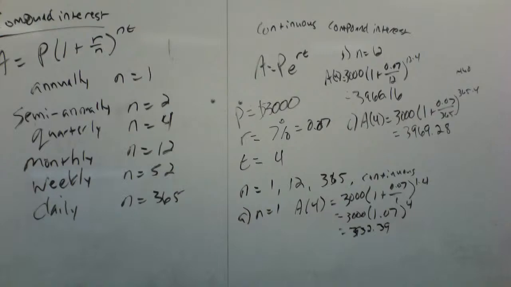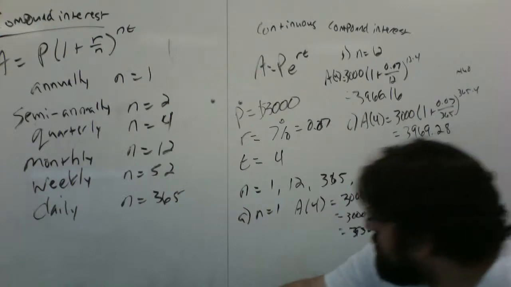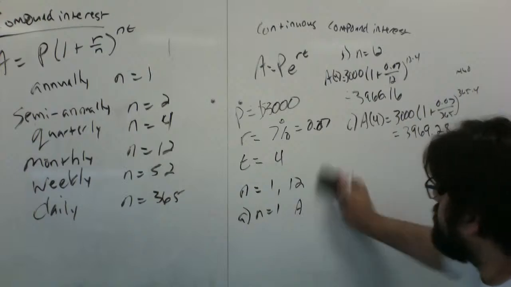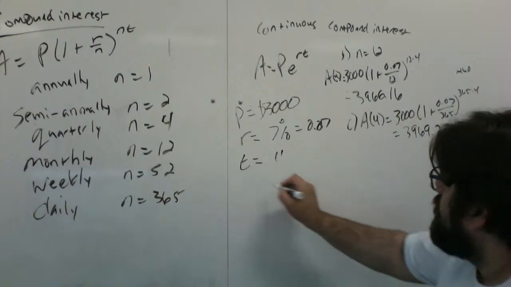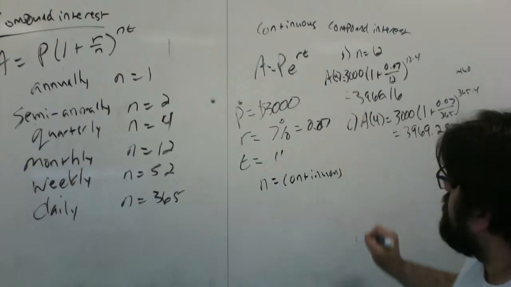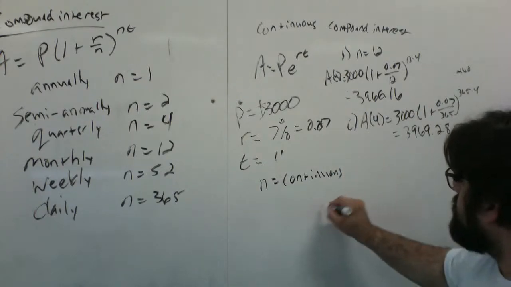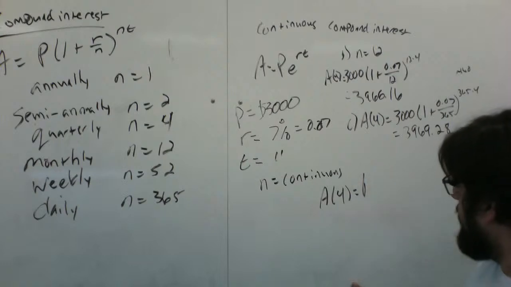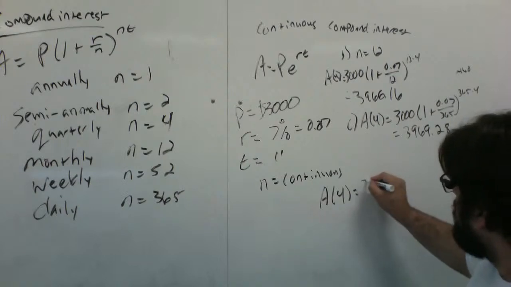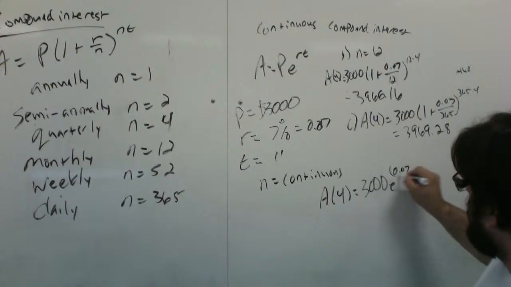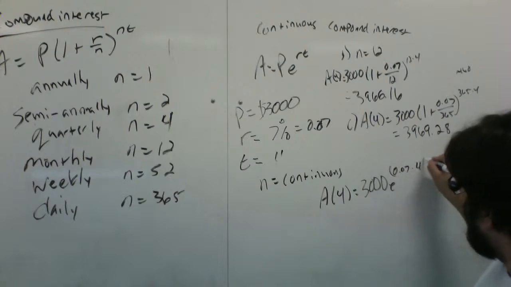Okay. For the last one, for the continuous case, all I have to do is use the continuous formula. So that's A of 4 equals P, which is 3,000, times e to the 0.07 times 4.